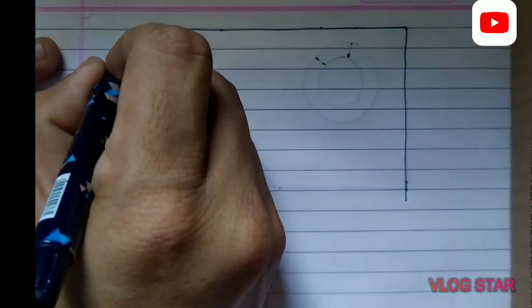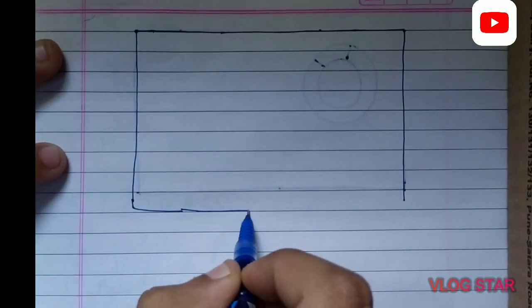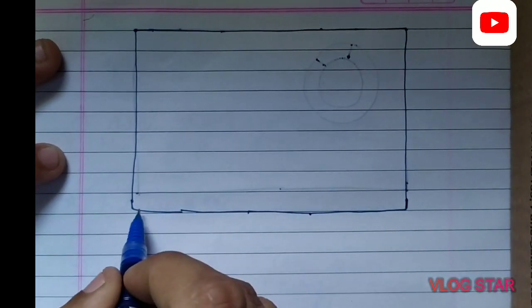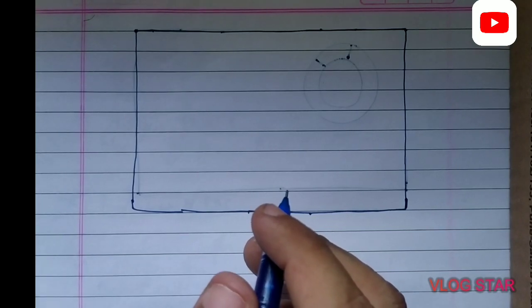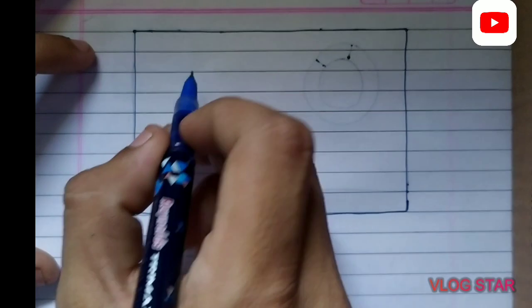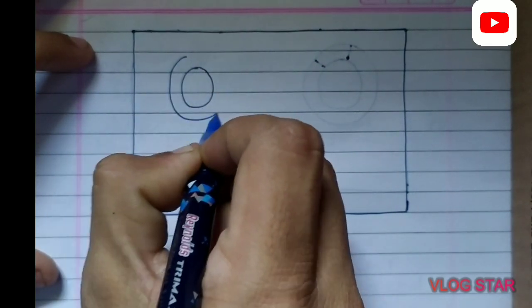I am drawing here the transverse section of the thyroid gland. Each lobe of the thyroid gland consists of a number of follicles. I am taking a piece of the lobe consisting of thyroid follicles.